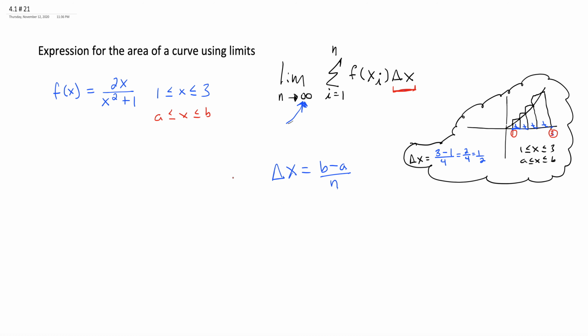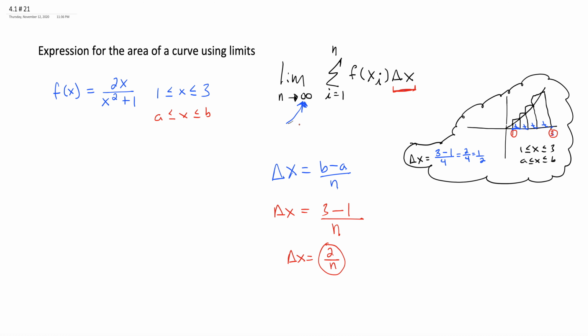So that means that we have delta x equals B minus A, so it'll be our 3 from right here, right? Our 3 minus 1 over n. All right, so delta x equals 3 minus 1, which is 2, so 2 over n. Great, so now we have our delta x.